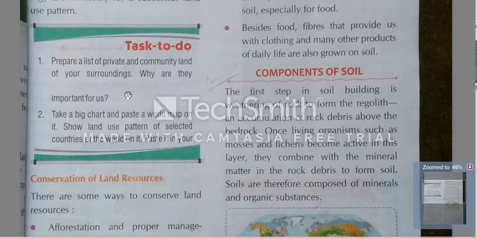It means that first see around you, wherever your home is, around your home, you will see many private lands and community lands. Why are they important for us? How useful are they? It depends on our needs, our requirements, that is why they are useful. So you will have to answer this question.